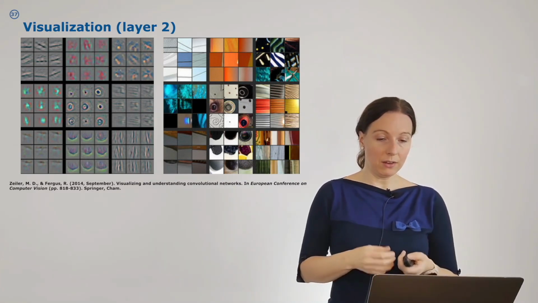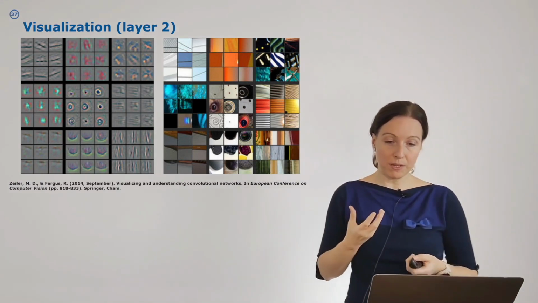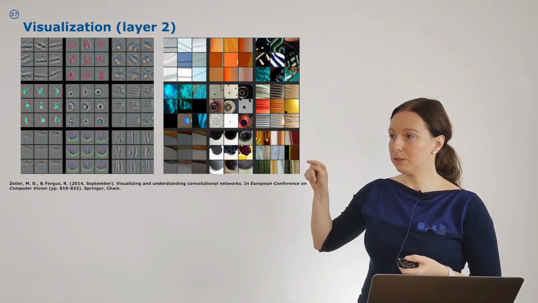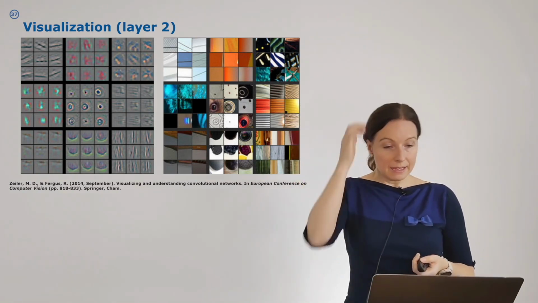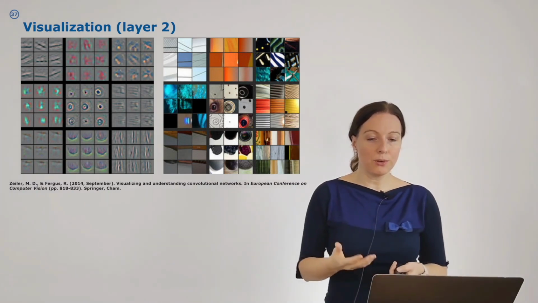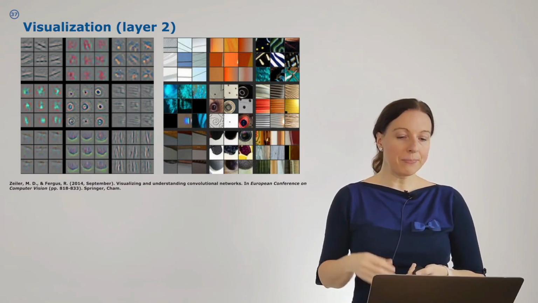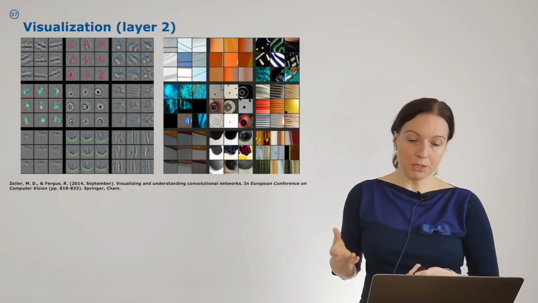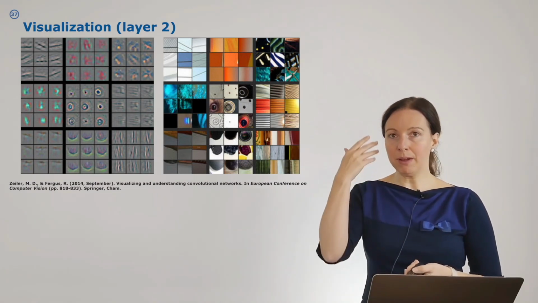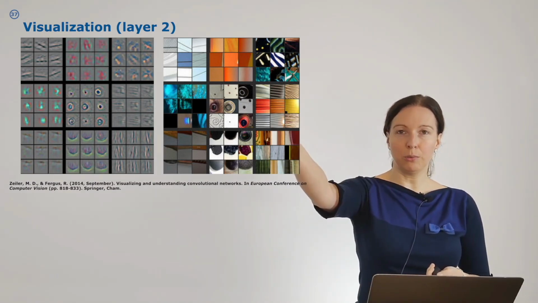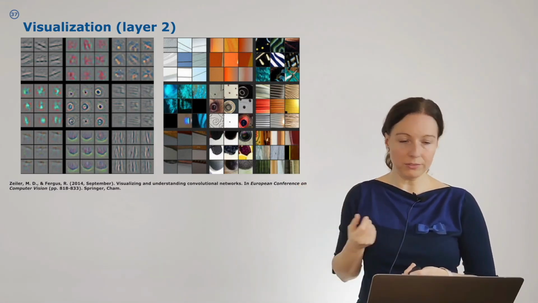Okay, this can be done for other layers as well. Here on the right you see groups of 9 image patches which cause a maximum activation in the second layer. On the left you see the images which are produced by the Deconvnet. So remember, you can pass one image through the network, and then reverse everything.